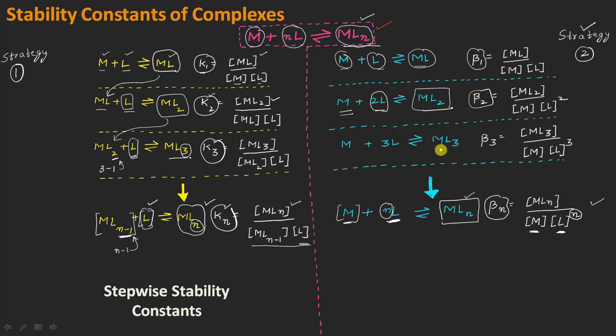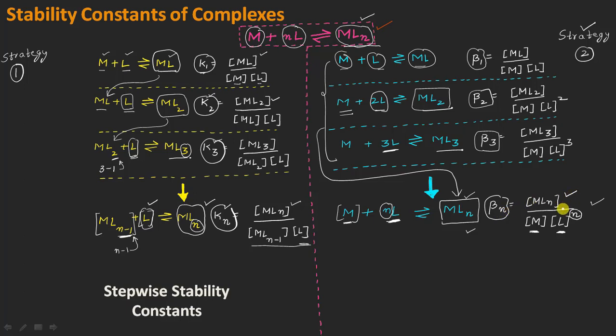And similarly for ML3, we will be adding all the three ligands at once, resulting in this type of equilibrium constant. So from all this information, we get to know that if we want to synthesize MLn, we will be adding all the n ligands at once, such that the equilibrium constant, which is denoted by beta n, will be equal to this here, right?